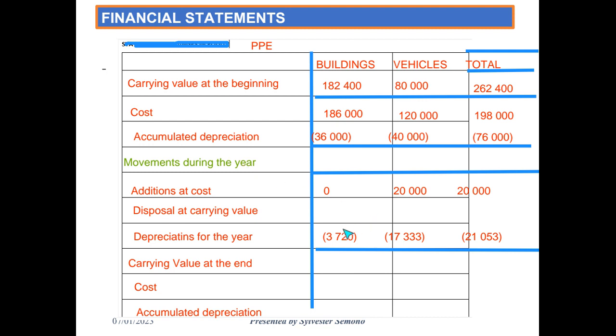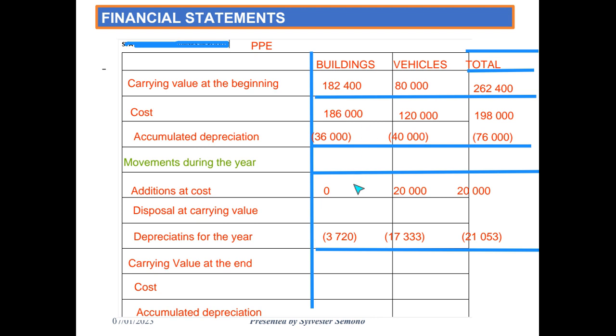Now we want to find the carrying value. Everything at the end depends on what happened before, so we start with the cost. The cost of the building at the beginning was 186.